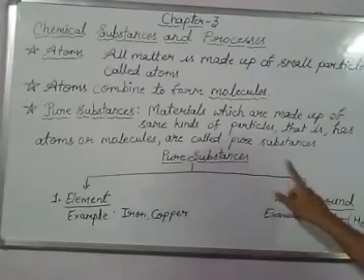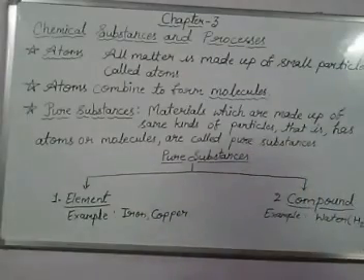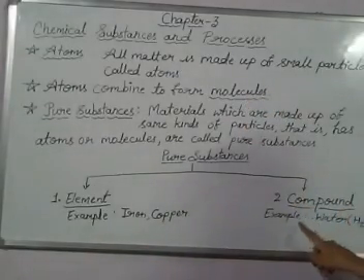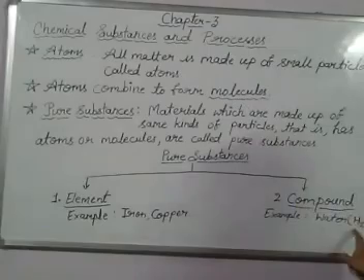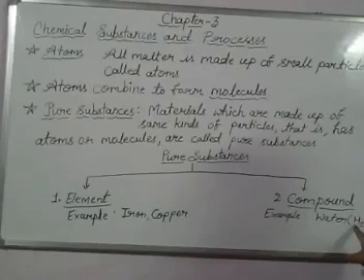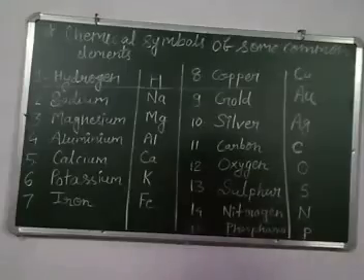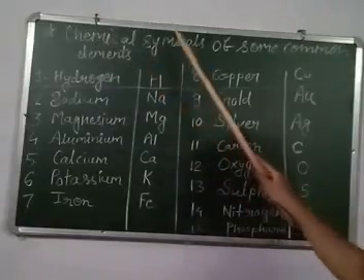So compound is a pure substance that is made up of same kinds of molecules, and here the example of compound is water. You can see that water is formed due to the combination of two atoms of hydrogen and one atom of oxygen.